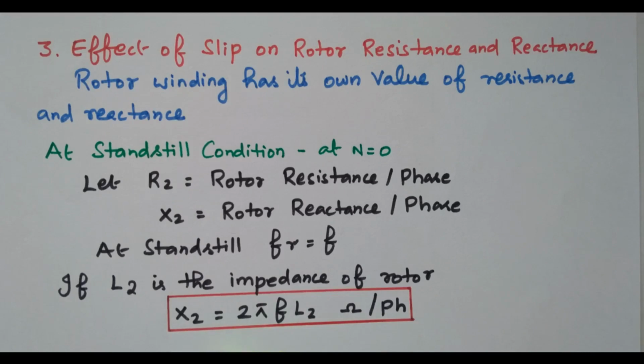The general formula is reactance X equal to 2 pi FL. L1 refers to the stator, L2 refers to the rotor, right? So under starting condition N is 0, so the reactance is X2 equal to 2 pi F L2. This R2 we can take as it is.